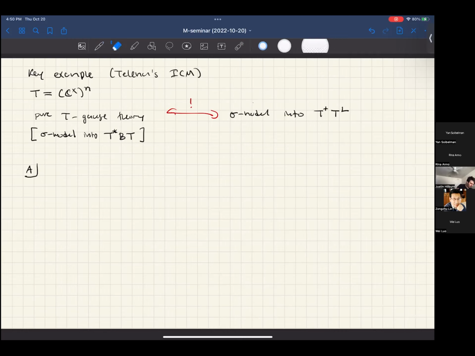Here these two are cotangent bundles. Maybe I shouldn't have called it that; let me call my torus G then, so that this isn't an issue.